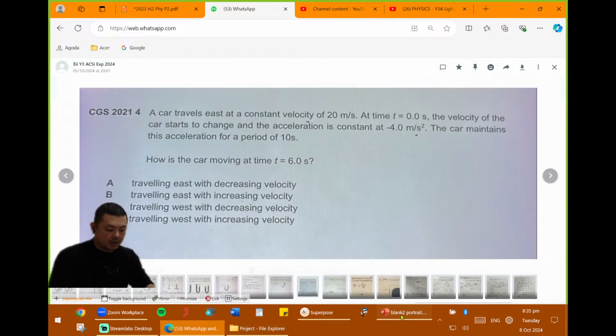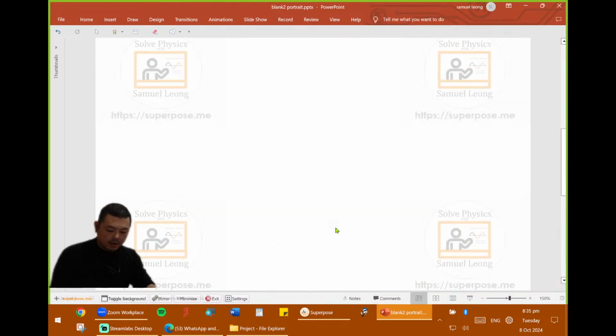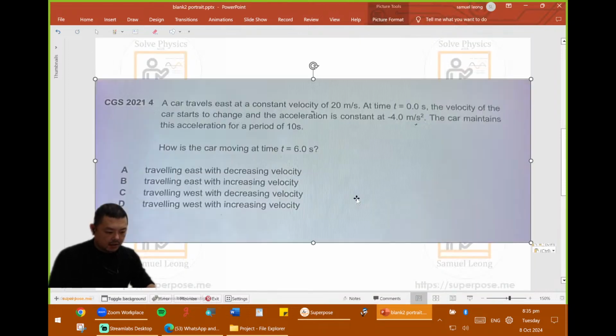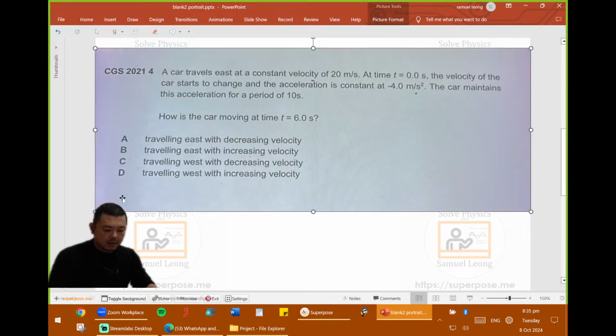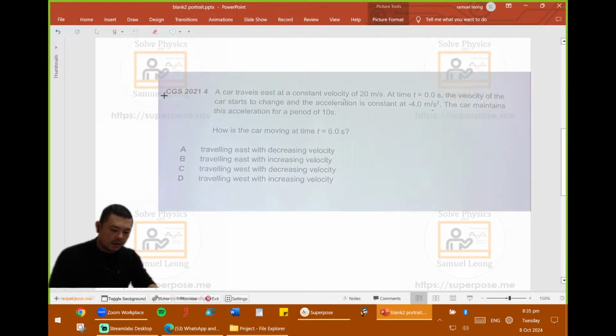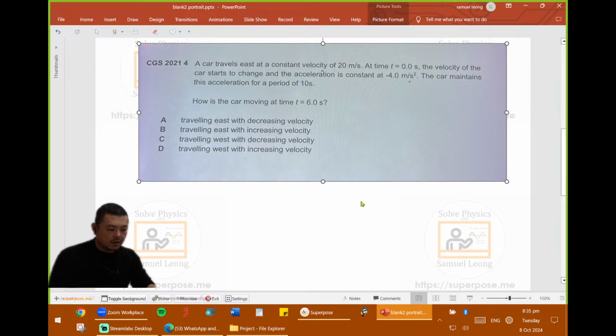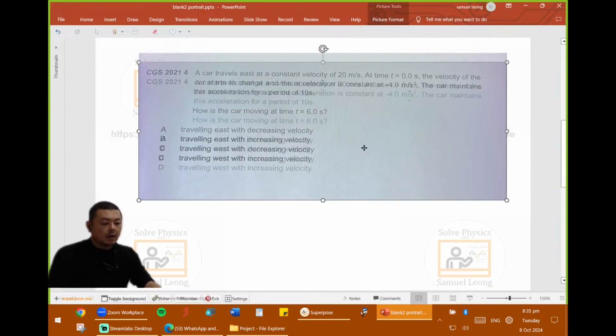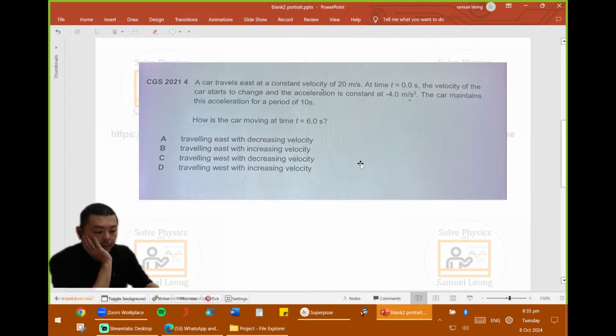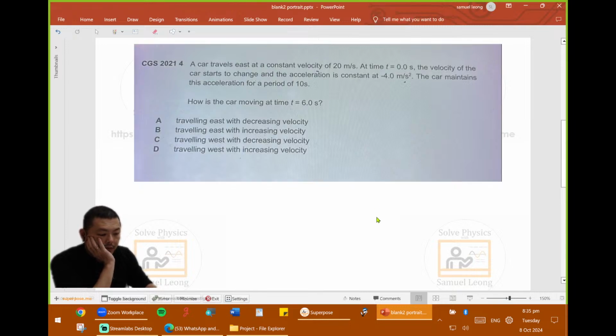So it travels east at a constant velocity.